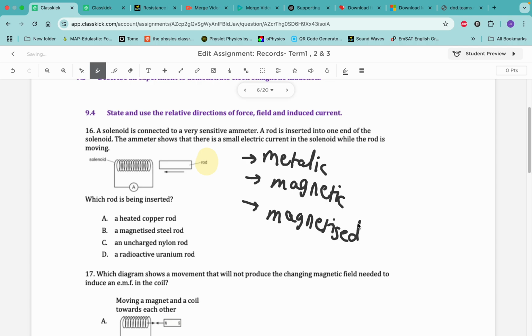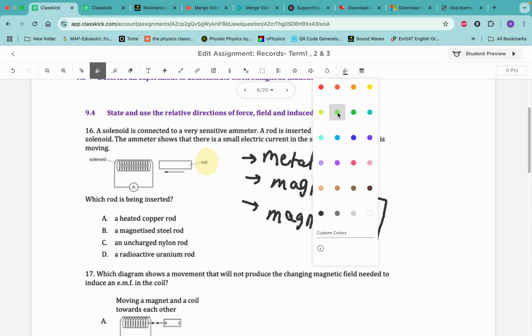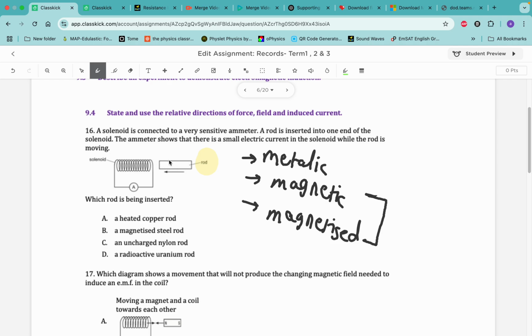We know if we have magnet or magnetized rod, these two will cause EMF to be induced if it will move in and out of this coiled wire.